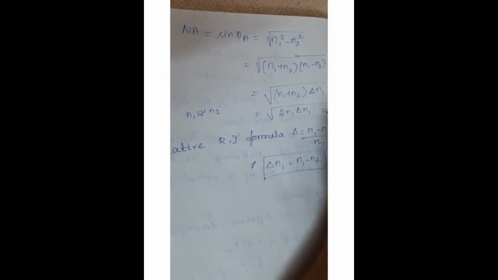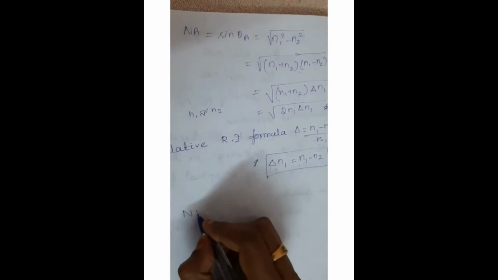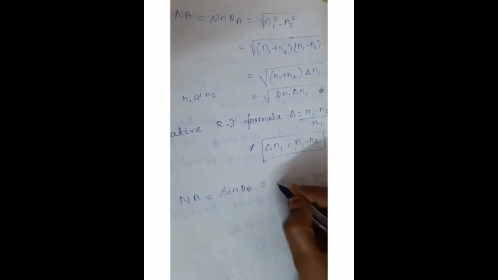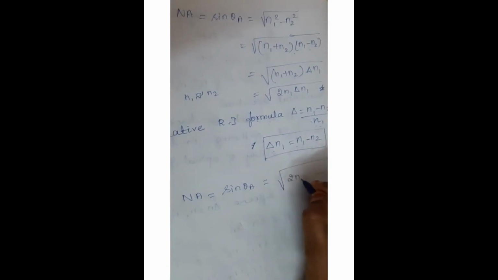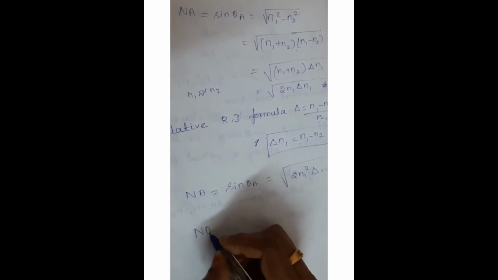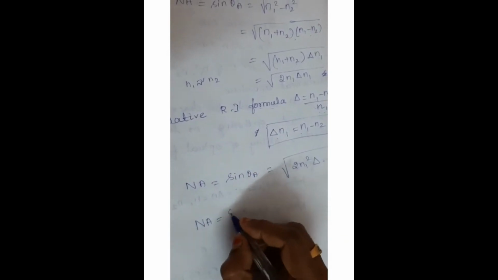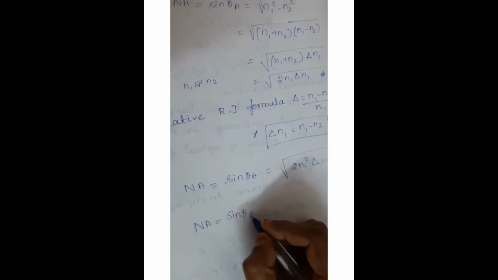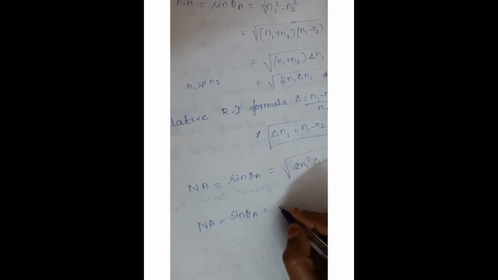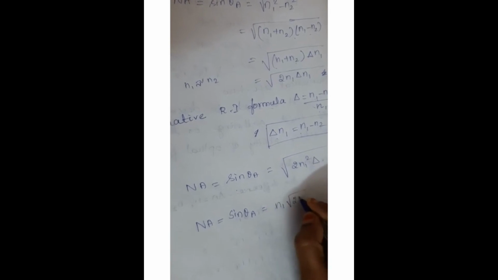So it can be rewritten as numerical aperture equal to sine theta a equal to root of 2N1 squared del. The formula for numerical aperture in terms of acceptance angle is sine theta a, in terms of relative refractive index is N1 into root of 2 del, and in terms of the index difference del n is root of 2N1 del n.